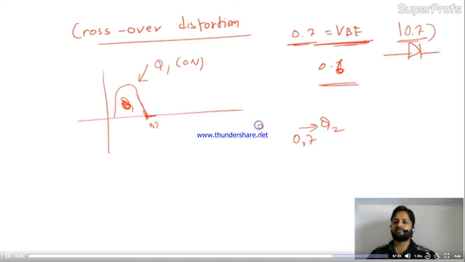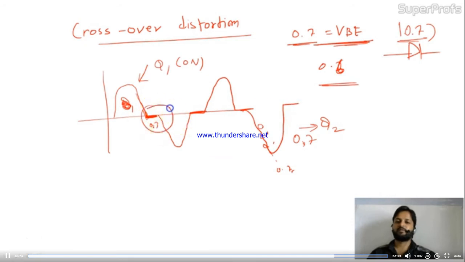But we are crossing 0, we will move 0.1, 0.2, 0.3 up to 0.7. So from 0 to 0.7, the current at the output will be 0 definitely. Then it will come like this, again 0.7, and it will continue like this. So this is nothing but the crossover distortion, COD.